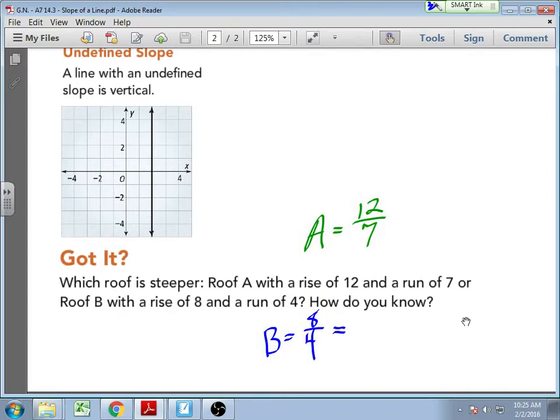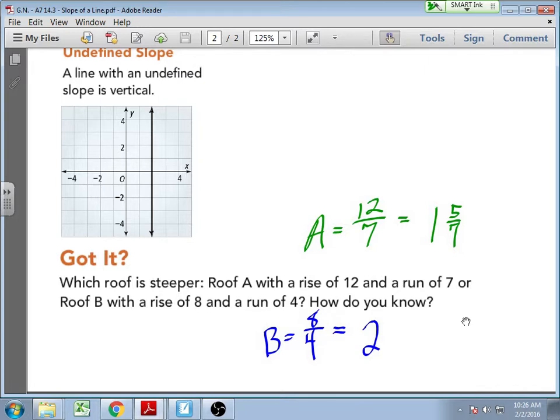Well, what's B simplified to? 2. Would this be more or less than 2? Less than 2. If I look at it in mixed number form, it would be 1 and 5/7, which is less than 2. We would never write slope like this, we would either put it as a decimal or leave it as 12/7. But just for comparison, 1 and 5/7 is less than 2, so it's less of a slope.